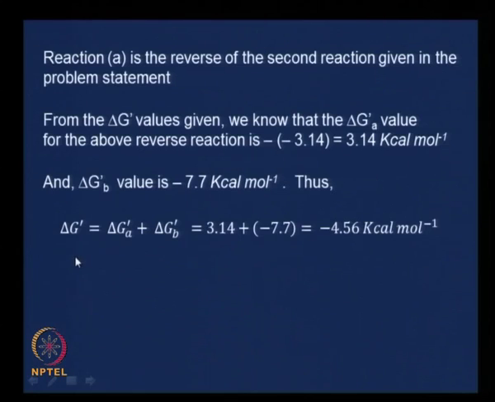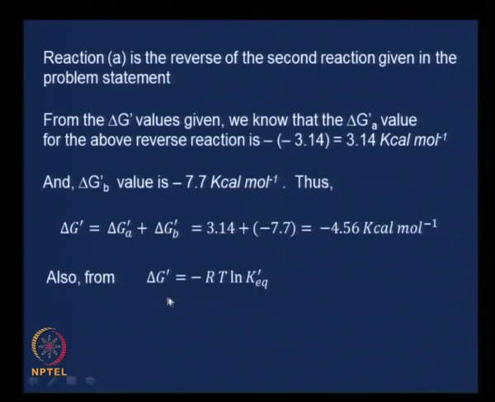Therefore, delta G dash of the reaction that we are looking for, which is the ATP catalyzed phosphorylation of glucose, and we have already established that as being equal to delta G A dash plus delta G B dash, and just adding these two together we get minus 4.56 kilocalories per mole.